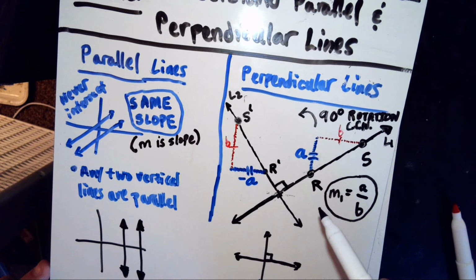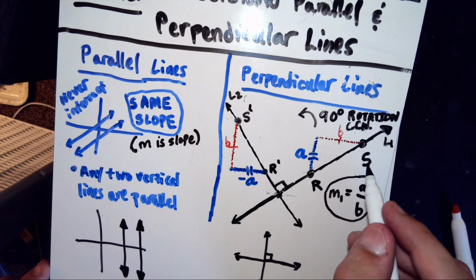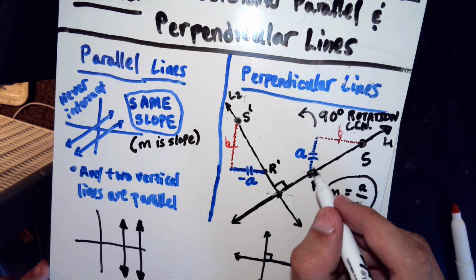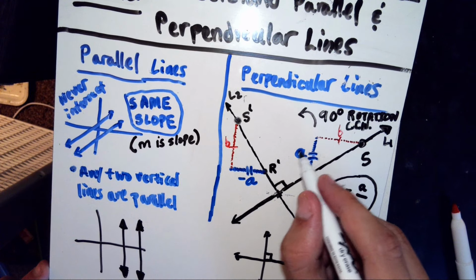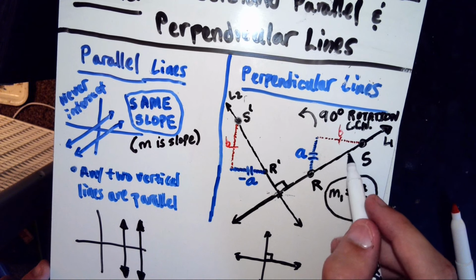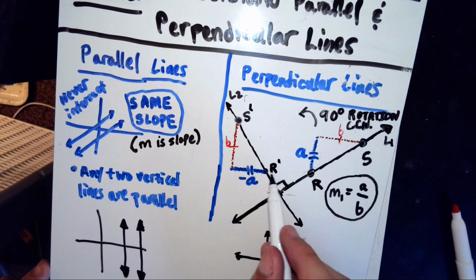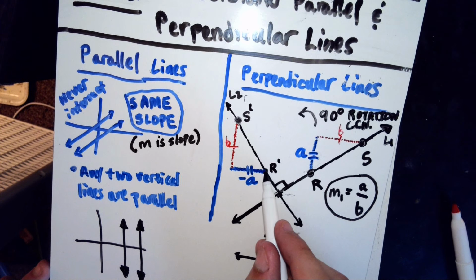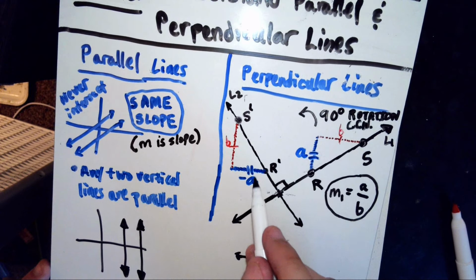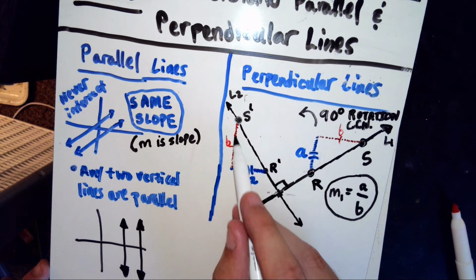The reason why we're giving them the signs that we give them is because this one goes up, so we just say it's A, it's positive. This one's positive because it's going to the right. And then here we say this A in this instance is negative because we're going to the left. And then B here is positive because we're going up.